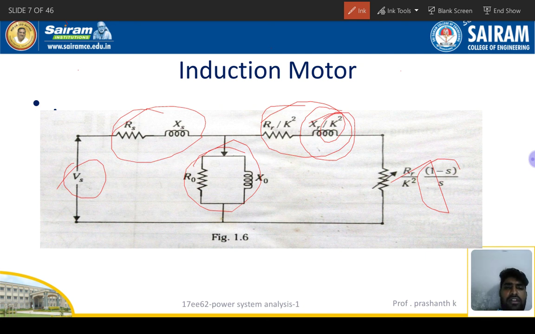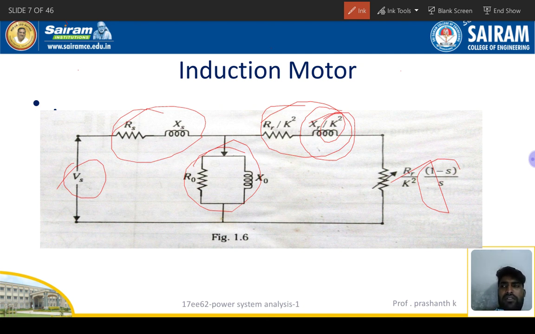We prefer induction motors for elevators and lifts, and also lathe machines and drilling machines. But don't confuse: the mixer grinder uses a universal motor. It operates on both AC and DC. That's one type of motor, the universal motor. So that's the induction motor application.